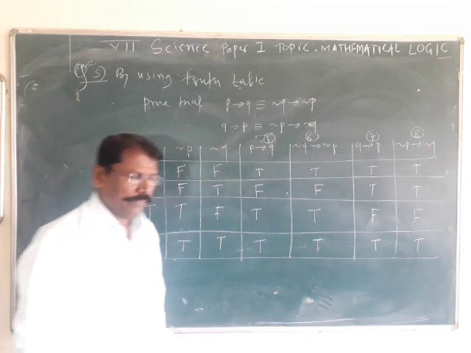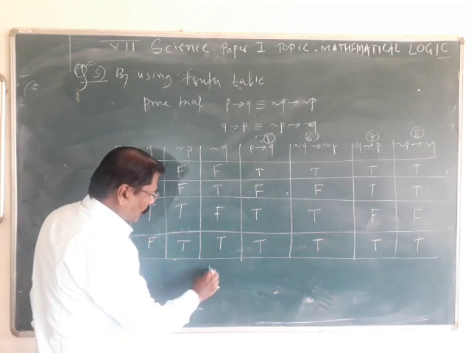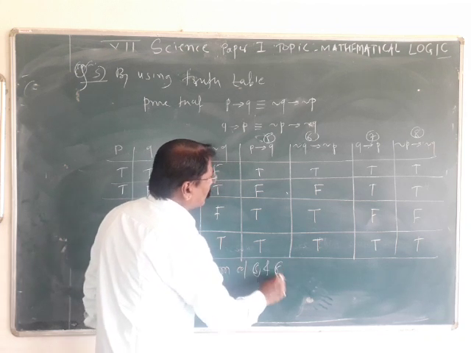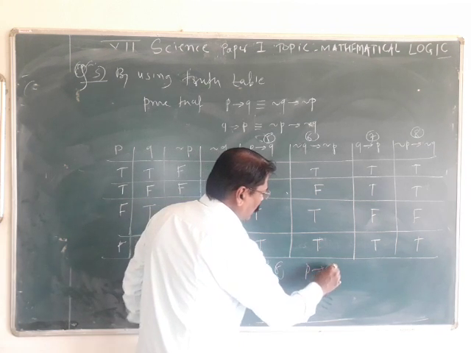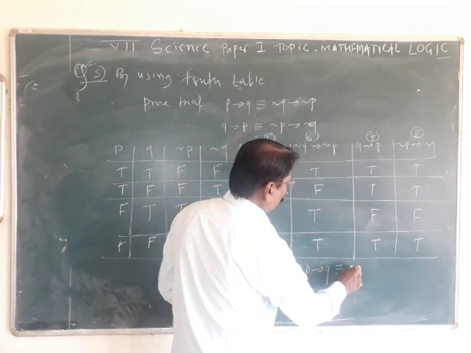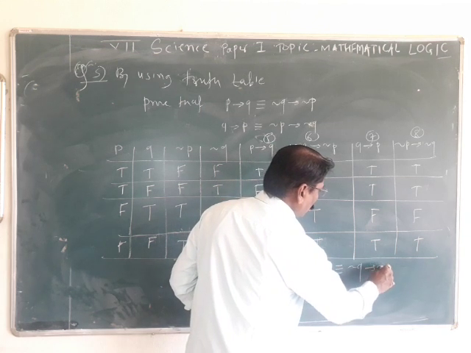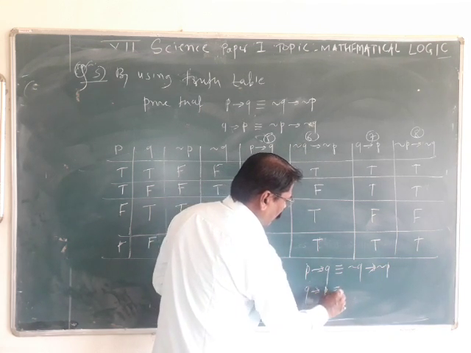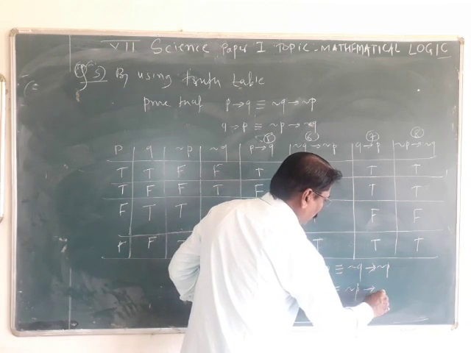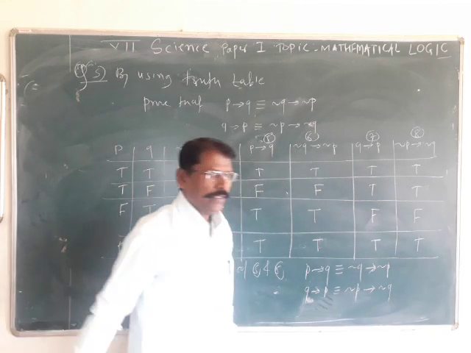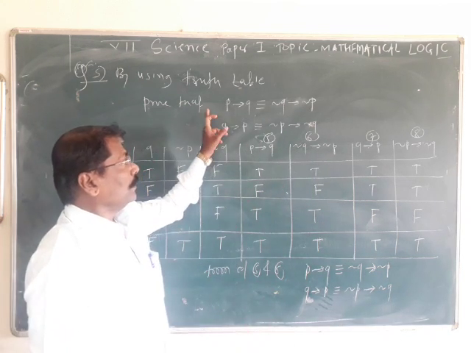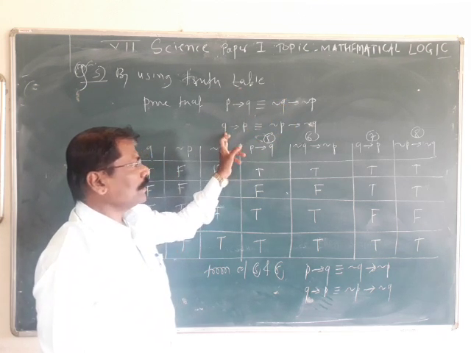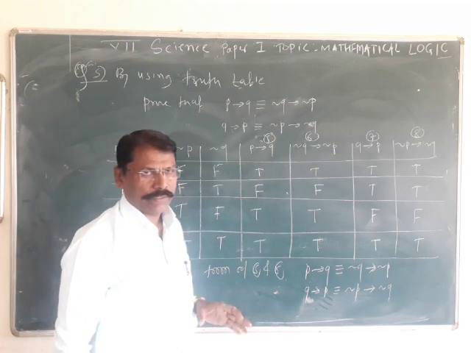If we compare them, from column 5 and 6, P implies Q is equivalent to negation of Q implies negation of P, and Q implies P is equivalent to negation of P implies negation of Q. So the given statement and its contrapositive are the same, and the converse and inverse are the same statements.